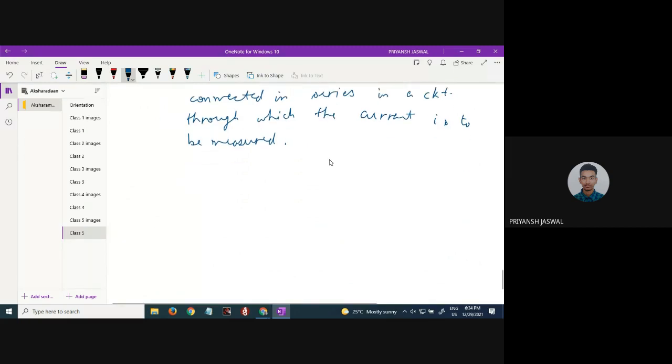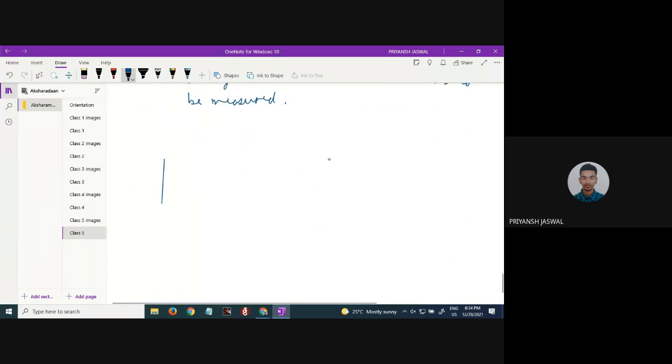Now, what it means is that suppose we have an electric circuit, there is a battery. This is the positive terminal of the battery, this is the negative terminal. Say there's a switch and an electric bulb.